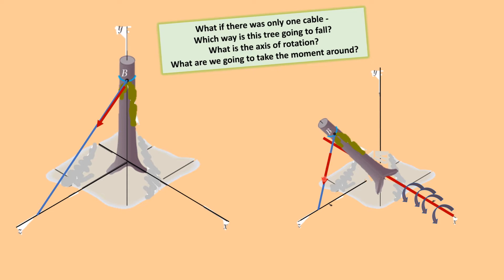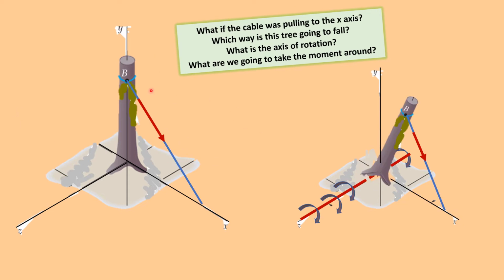So the force at B from this cable, and we're going up the tree trunk and then pulling at B, this is going to rotate it around the x direction. Think through the same thing with the other cable. So the other cable pulling at B is going to create a rotational motion around the z-axis.